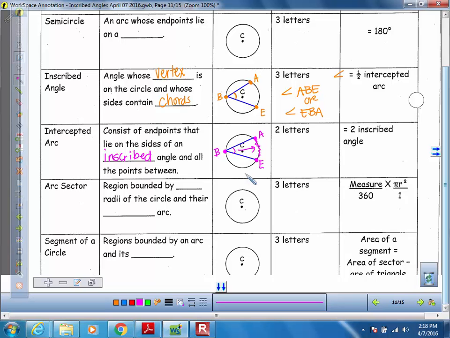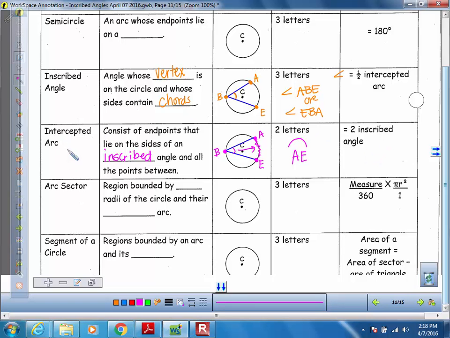And so we learned yesterday how to write an arc, and so that is just the arc symbol, and then this one would be AE. Could it be EA? Yes, it could.